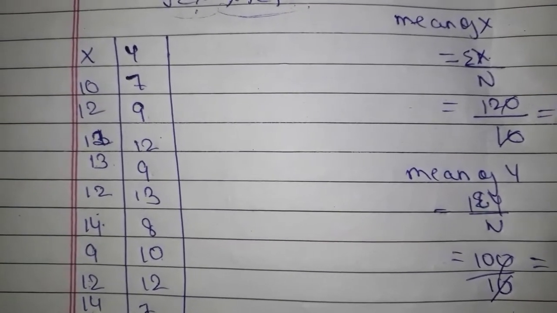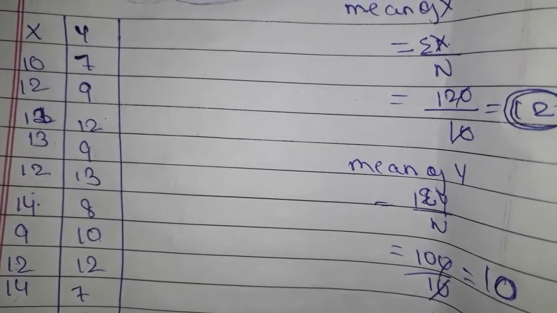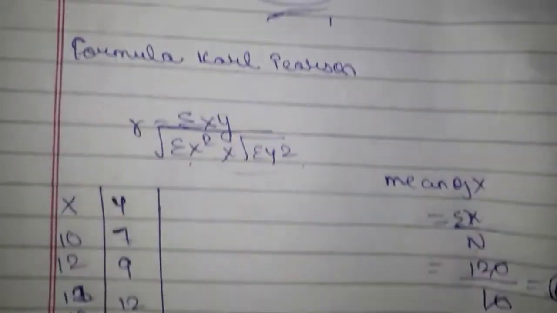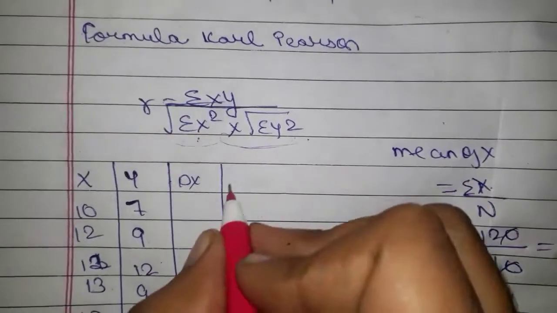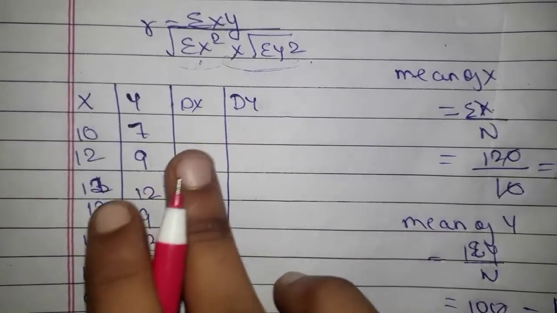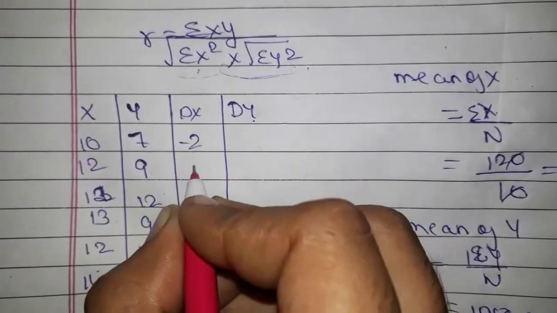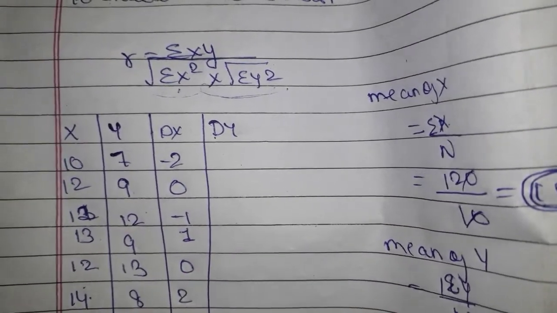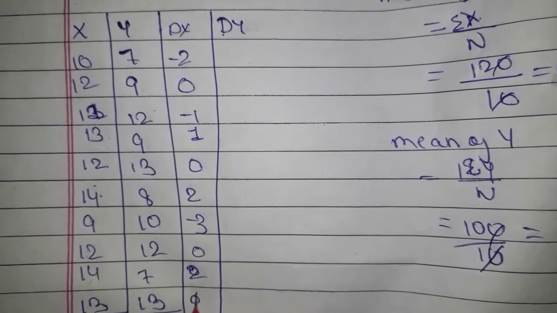Now we are going to calculate the deviation for x as well as the deviation for y. Now starts your calculation. What is the deviation for x? 10 minus 12, it's minus 2, 0, minus 1, 1, 0, 2, minus 3, 0, 2 and 1.